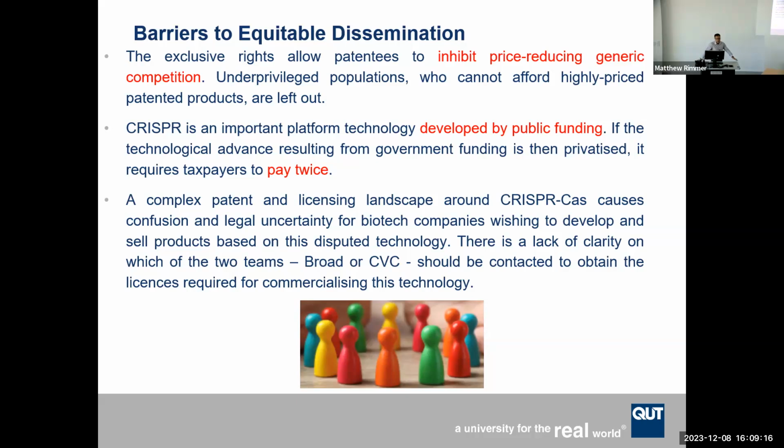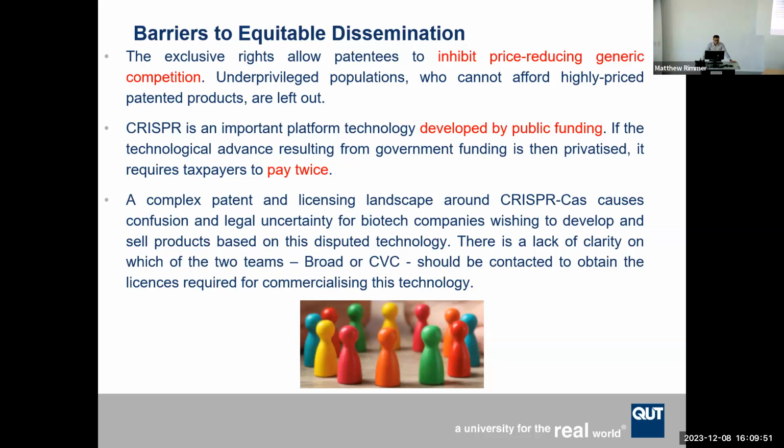If the technological advance resulting from government funding is then privatized and you allow patent protection on it, it requires taxpayers to pay twice. First, taxpayers are paying for the public funding to support that research, and then when the patent is granted and the price is high as a result, taxpayers have to pay a higher price. So they are paying twice, which is not justifiable.